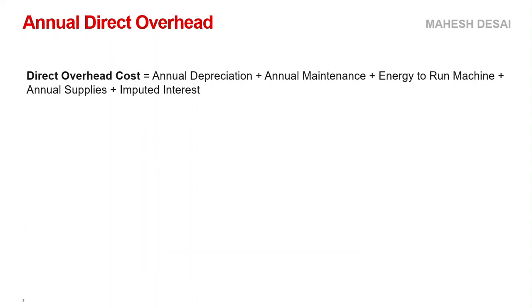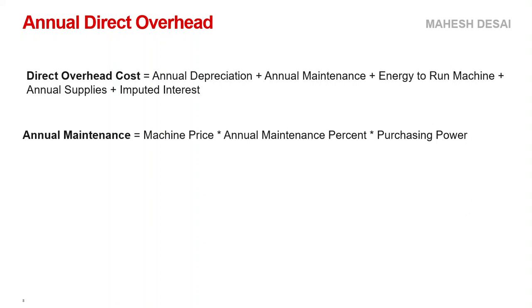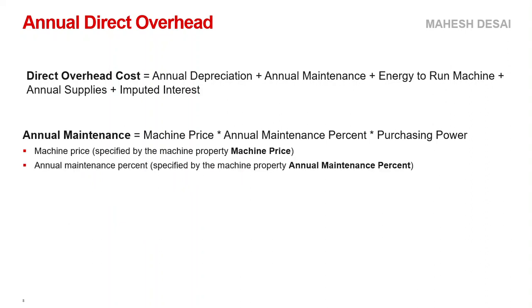Now, talking about annual maintenance: machine price multiplied by annual maintenance percentage multiplied by purchasing power. A priori calculates the annual maintenance cost with this formula. Machine price is specified as a property. Annual maintenance percentage is also specified by the machine property.